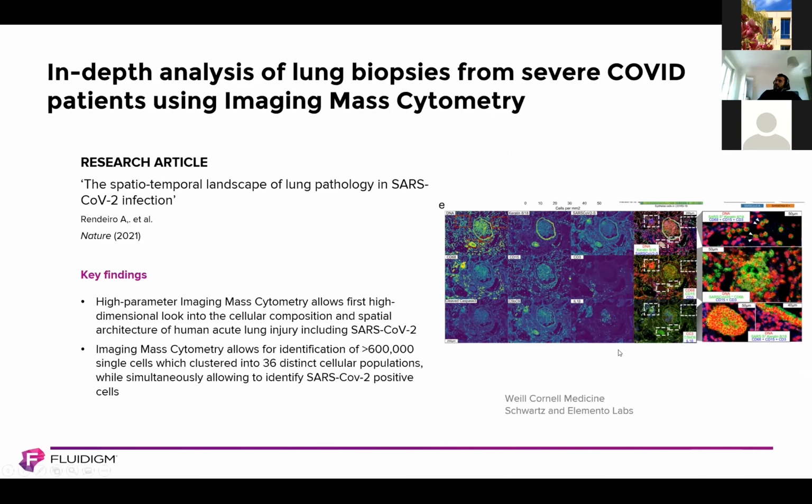And as you can see here in green, they were capable of showing, for example, that it's the alveolar epithelial cells that seem to be the main target of infection by SARS-CoV-2. And by uniting all this information together with all the other immune cell infiltrate information, they were really capable of getting a much better understanding of what is specifically going on within lung biopsies of these deceased patients.